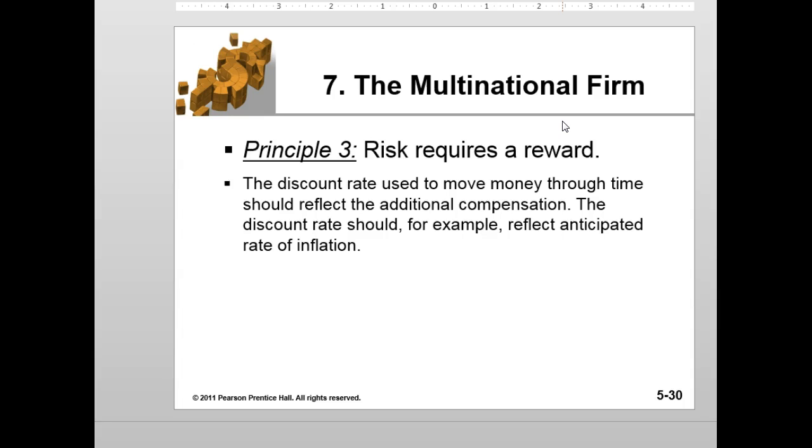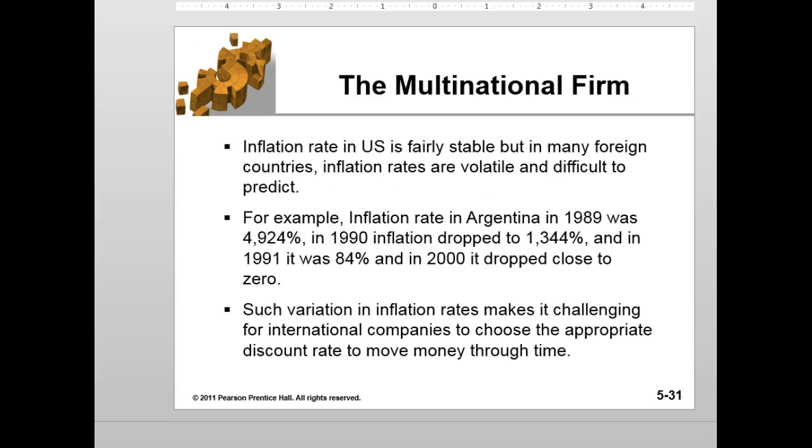And part of that risk is reflected in the rate of inflation, because inflation can go up or down. And when the inflation rate goes up, that money is worth less, so you have to compensate for that by paying interest. Now, in the United States, we're relatively stable on that. But in many foreign countries, we aren't. So the interest rates are very volatile, and they're difficult to predict.